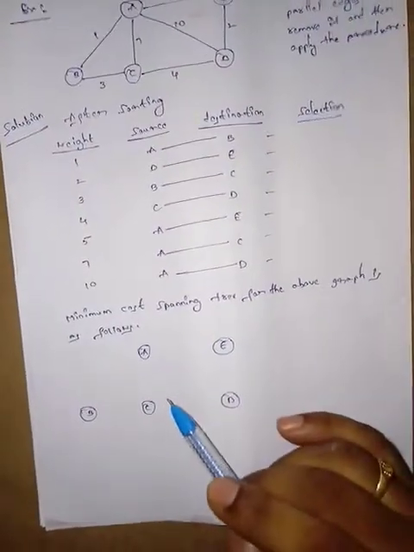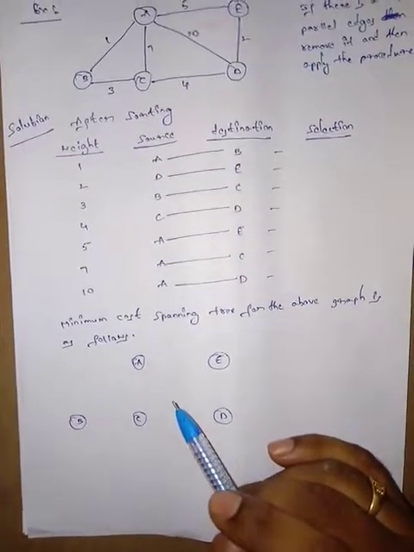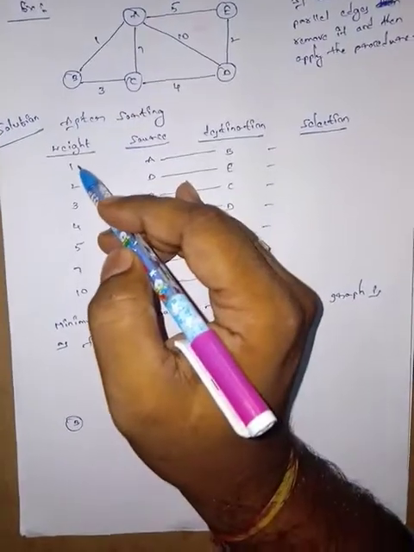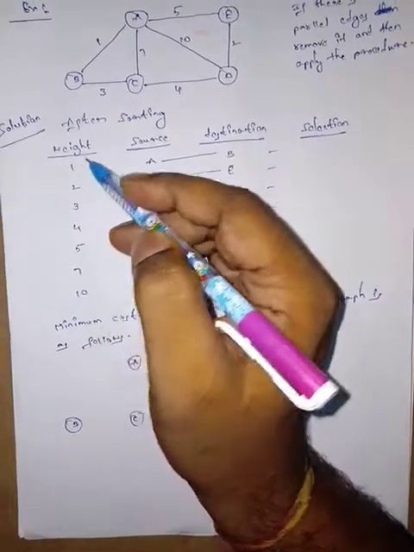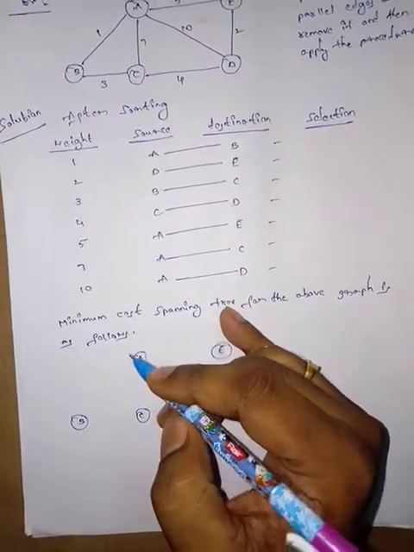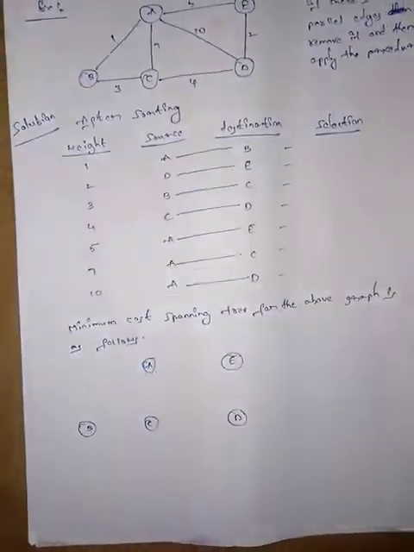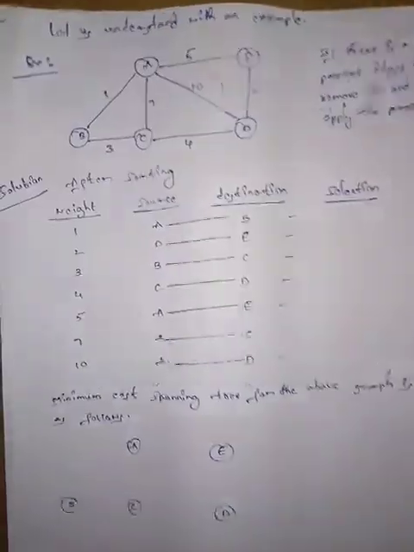After that, step 2: select the minimum cost. Here the minimum cost is 1, and we place that edge into the spanning tree. If the edge forms a cycle, then reject it; otherwise, include it.